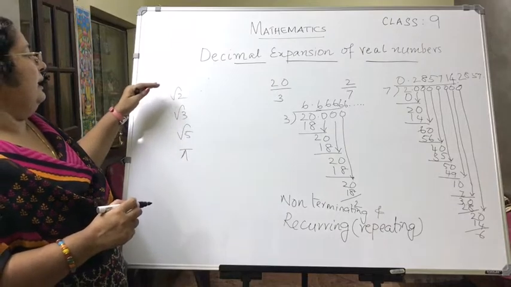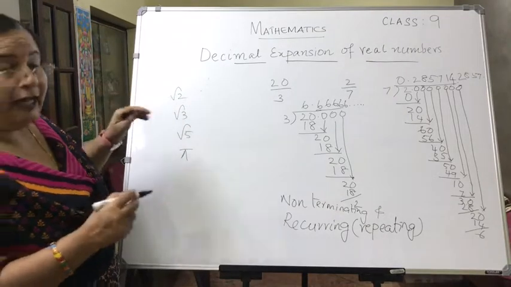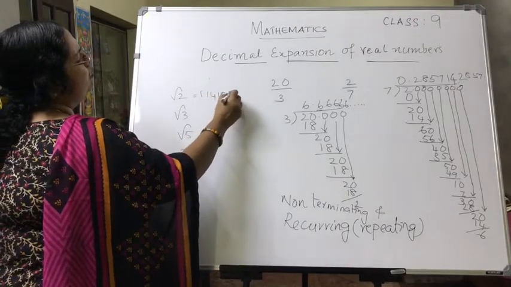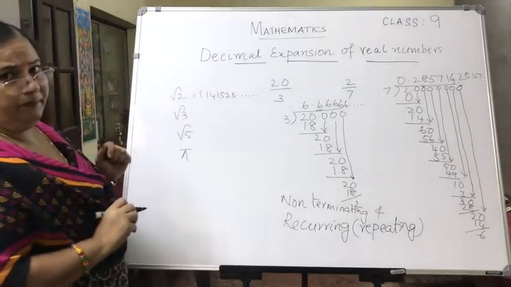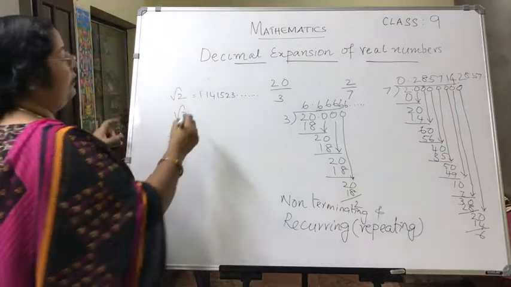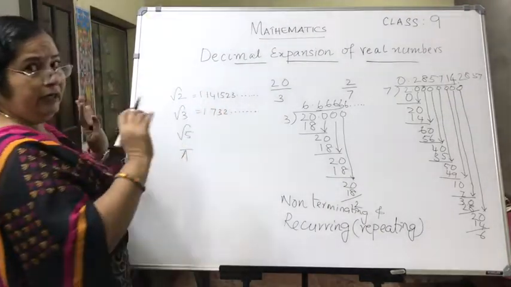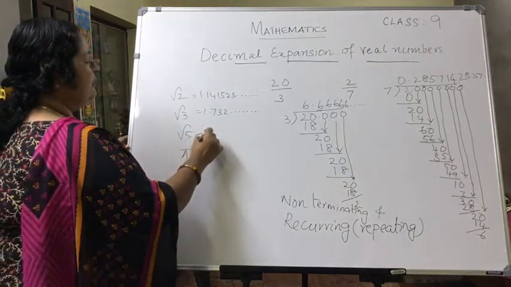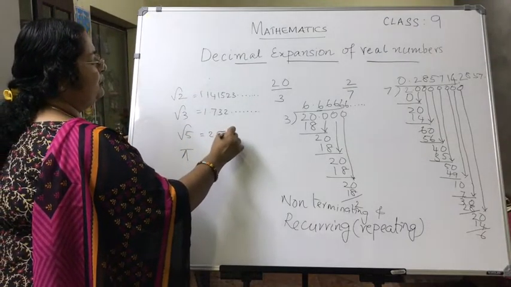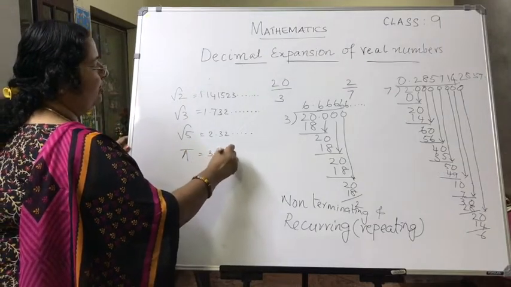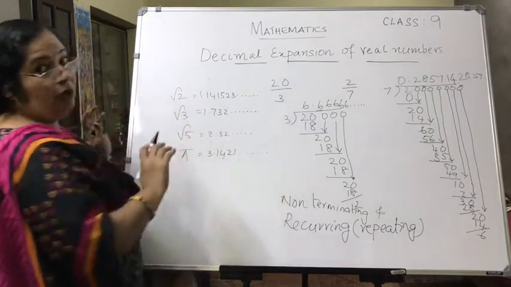Now, root 2's actual value is 1.141523, it is going on. Root 3's value is 1.732, it is also going on like this. Root 5 is around 2.32, something like this. Pi is 3.1421, it is also going on.